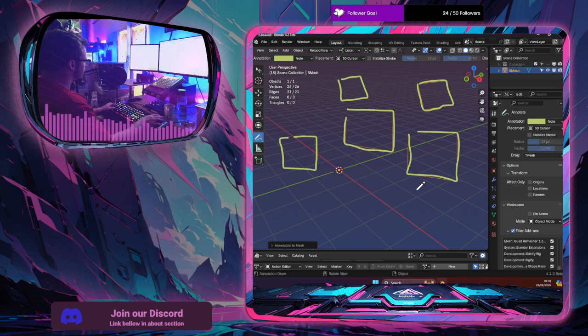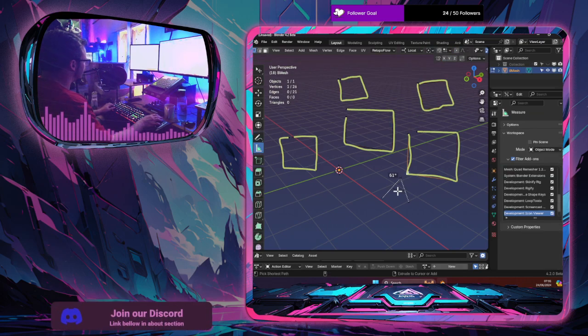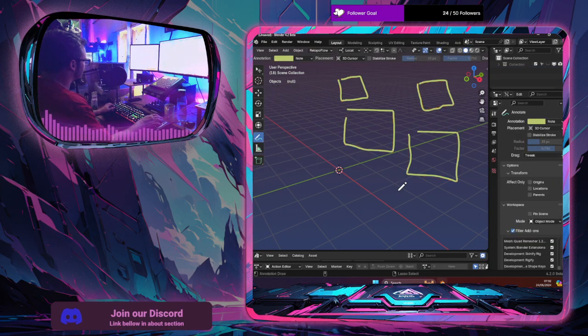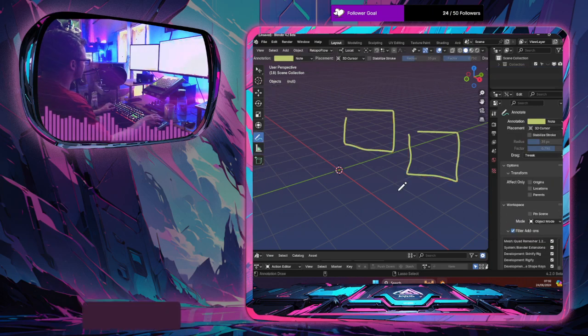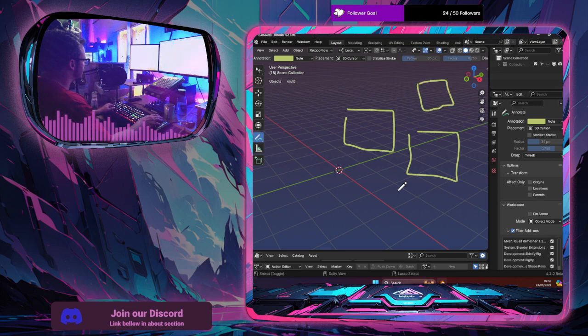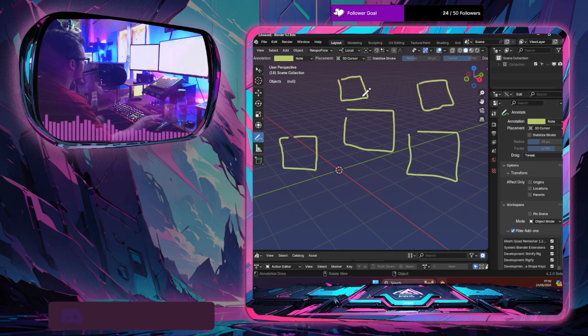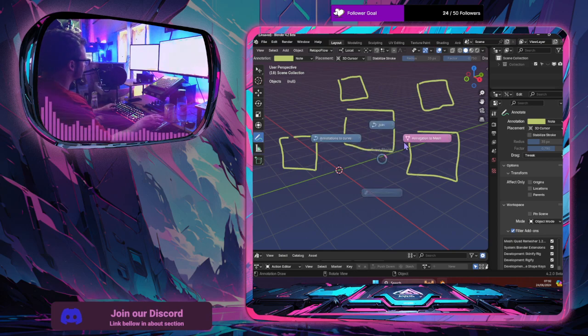Okay, which was the last three that I drew? Let me see. 1, 2, 3. Those are the last three. So these two guys are giving me triangles. Very strange.